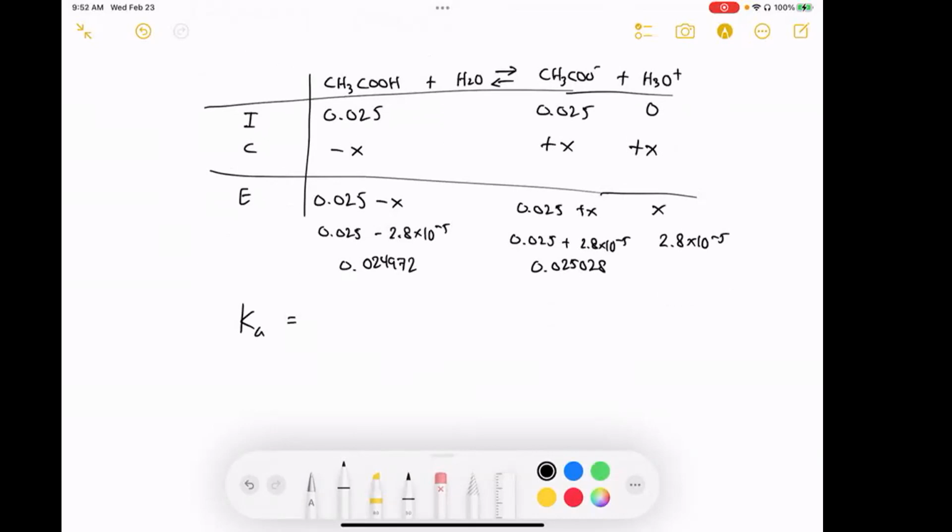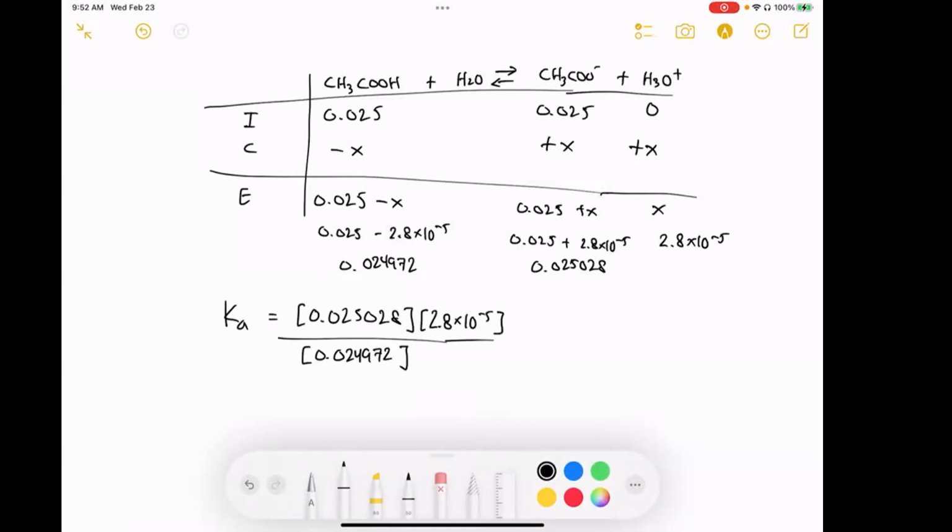Actually, we don't need to calculate the Ka there. We already did that at the equivalence point. But if we were to calculate it again, Ka equals my acetate ion, which is 0.025028, over 0.024972, and we also have to multiply this by 2.8 times 10 to the negative fifth.